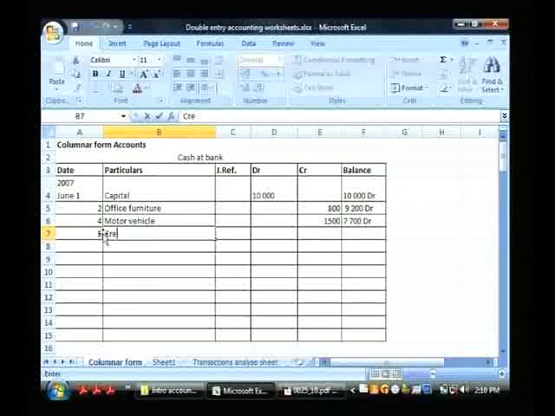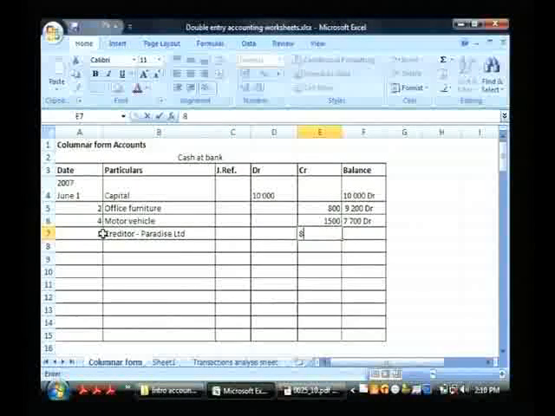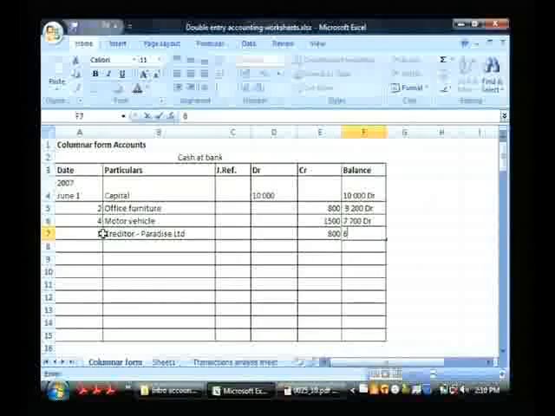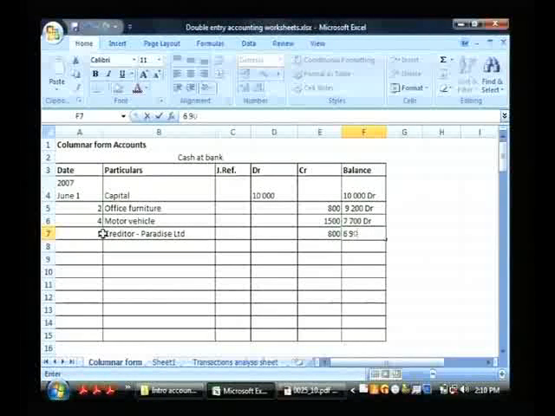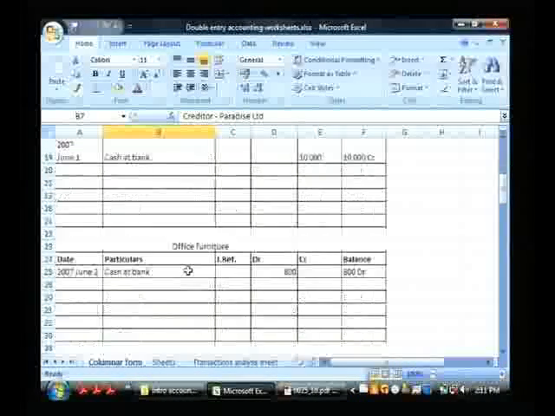So here creditor Paradise Limited, amount 800 and minus 800, therefore, the balance is 6,900 debit. And move on to the credit Paradise Limited.